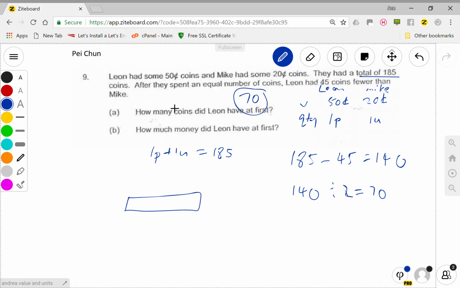Let me show you using a diagram. So this is Leon. It's easier to see using a diagram. So this is Mike. Leon had 45 coins fewer than Mike, that means Mike has more. So this is 45. Now the trick here is they spent an equal number of coins.